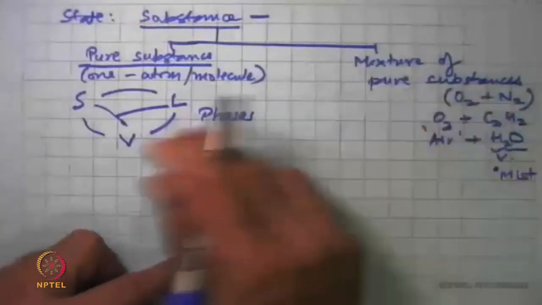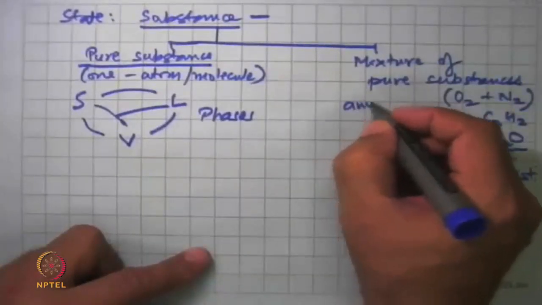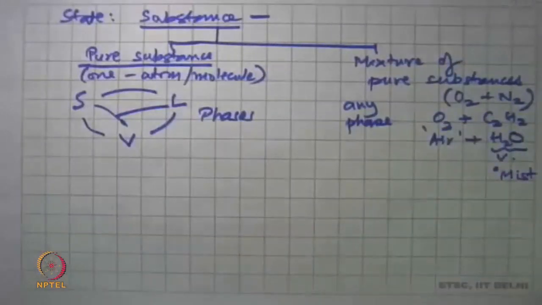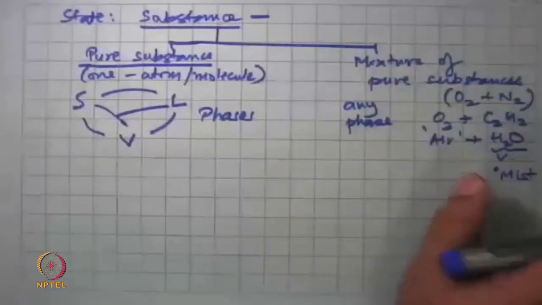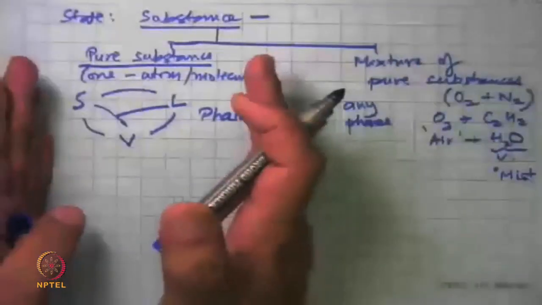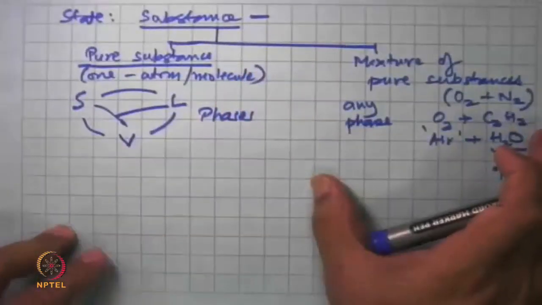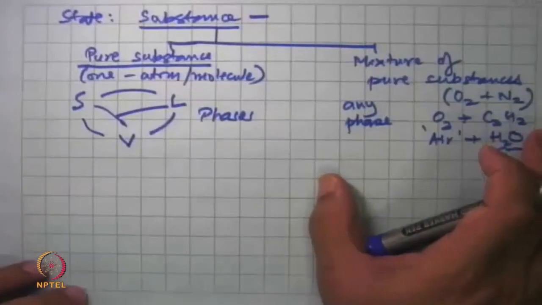So here you have mixtures of substances in any phases. Life becomes very complicated here. We will not worry too much about this part. In this course, we will cover only the pure substance, knowing that the thermodynamics of mixtures can also be understood, but it is a matter of an advanced course in thermodynamics.